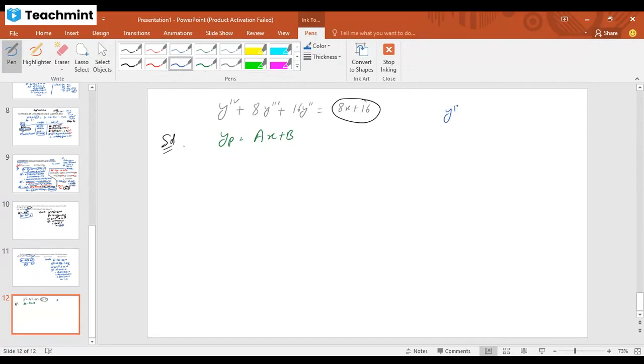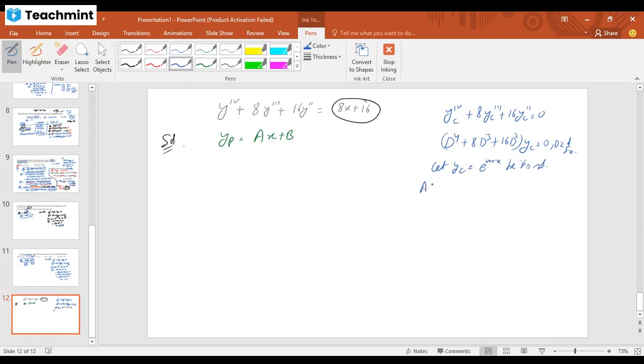So the homogeneous differential equation in operator form is D to the power 4 plus 8 D cubed plus 16 D squared times yc equal to 0, where D stands for d by dx, and we are assuming yc equal to e raised to the power mx to be the solution.